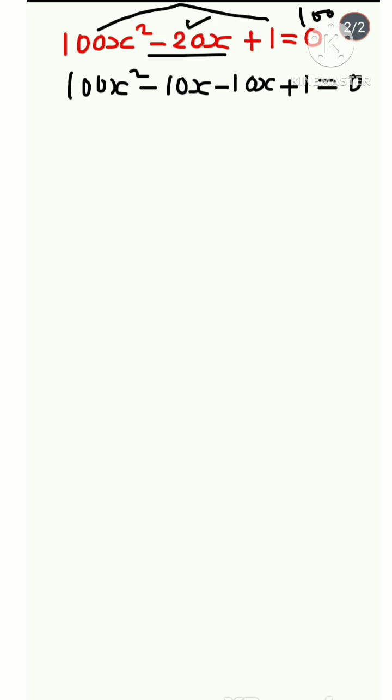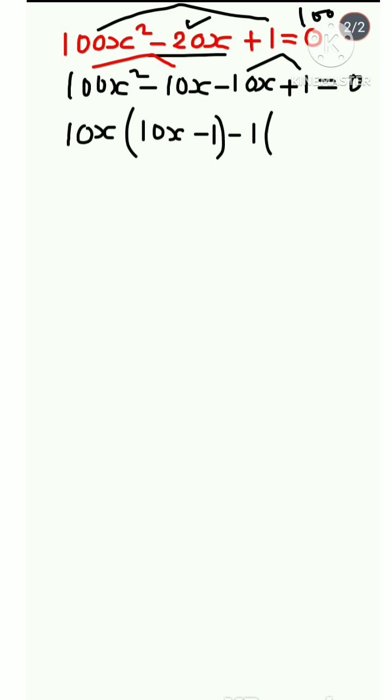Okay, now from this pair we can extract 10x as a common. So 10x is common, and here remains 10 10s are 100, and 1x minus, and here 1 minus, and from this pair we can take 1 as a common. So 1 is common.